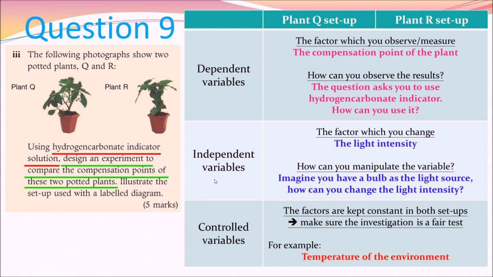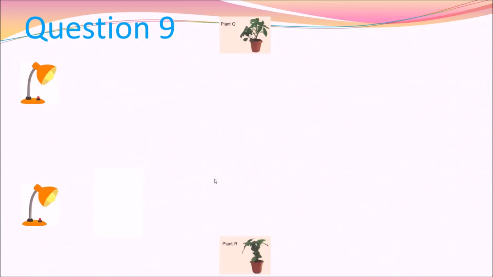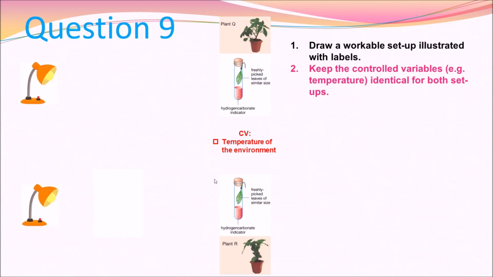Then take a look at the drawing. No worry, bit by bit, the whole step will be shown. These two questions are the ones we are going to explain a bit more, and you also need to think about them. For this part, draw the workable setup, just like the typical experiment in the textbook.